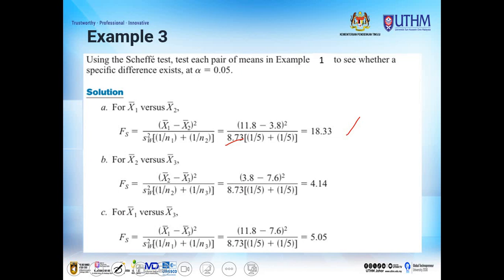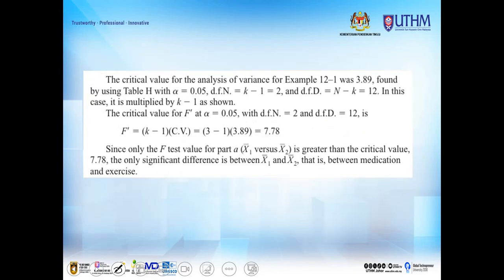The same thing is applied for x2 versus x3 and x1 versus x3 as well. So you will get 4.14 and 5.04. Next, the critical value for the analysis of variance. For example 1 it was 3.89.